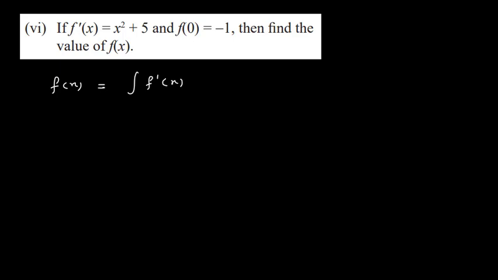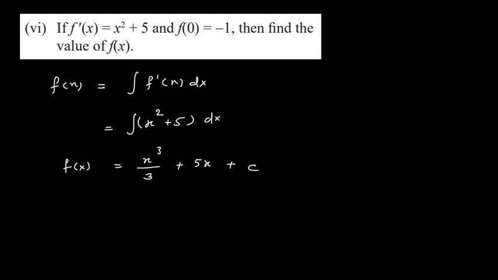So it is the integration of f dash x with respect to x. So you can say that fx is the integration of x square plus 5, and the integration of x square plus 5 is x cube divided by 3 plus 5x, and yes, I will get some constant c.